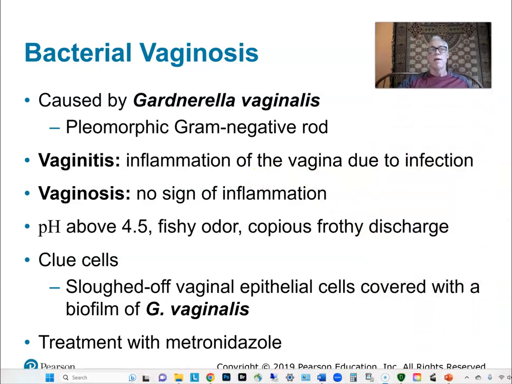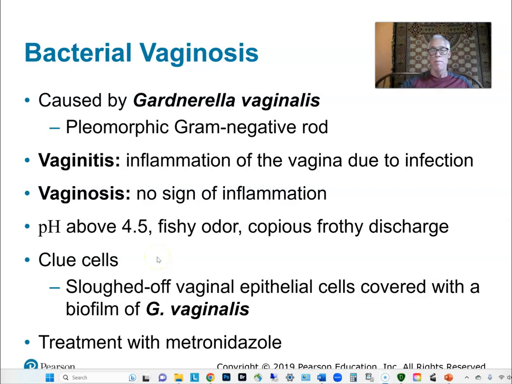All right, bacterial vaginosis. There's vaginosis, which means non-inflammatory vaginal infection, and there's vaginitis, which means inflammatory vaginal infection. So now we're talking about vaginosis, the non-inflammatory type, Gardnerella vaginalis. It's a gram-negative bacteria, and it causes a fishy smelling, copious, meaning a lot, frothy discharge from the vagina.